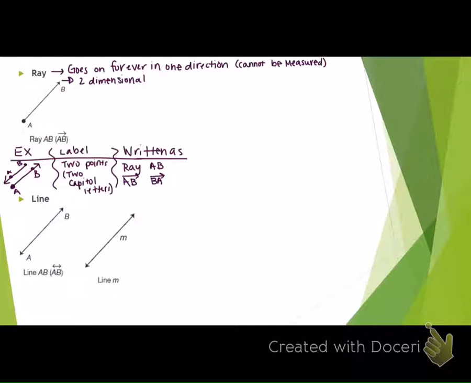Okay, questions on what a ray is? So the big difference between a line segment and an actual line is that a line segment can be measured, but a line cannot. It's still two-dimensional, but a line goes on forever in both directions. There's no starting and stopping point at all, whereas a ray does have a starting point, it just never stops.